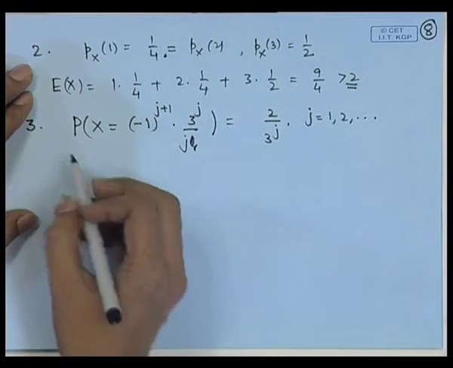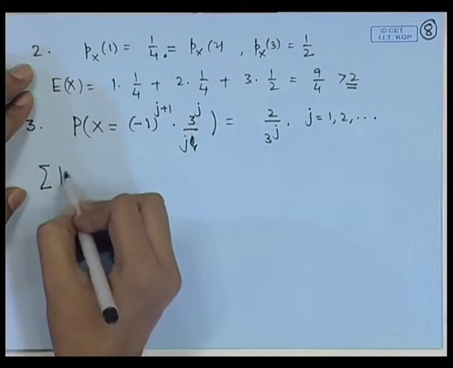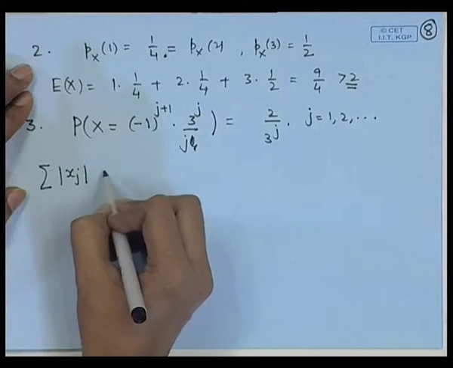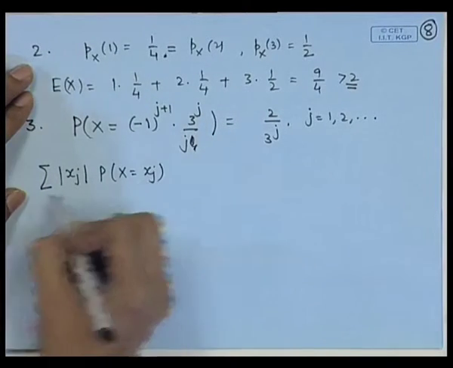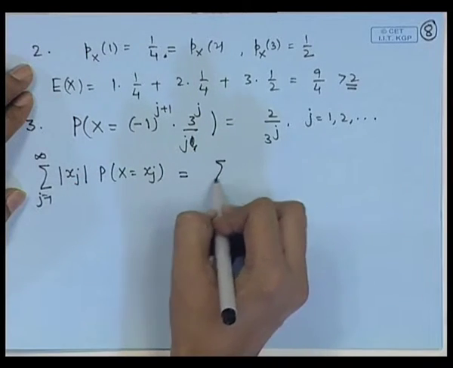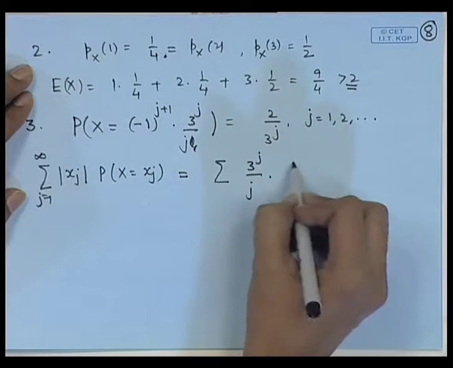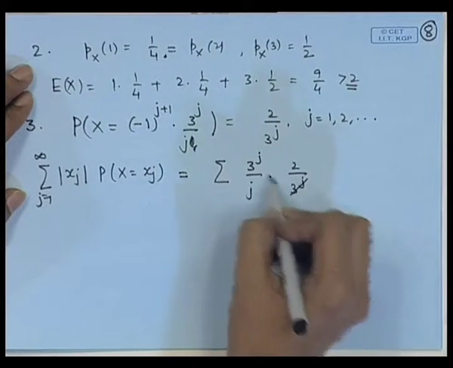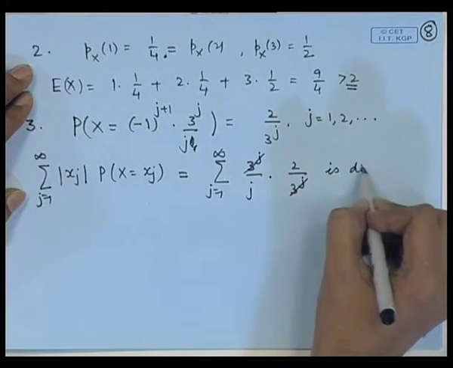Let us look at sigma modulus of x_j times probability x equal to x_j, j equal to 1 to infinity. Then this is equal to sigma of 3^j by j factorial times 2 divided by 3^j. Now, this is divergent.